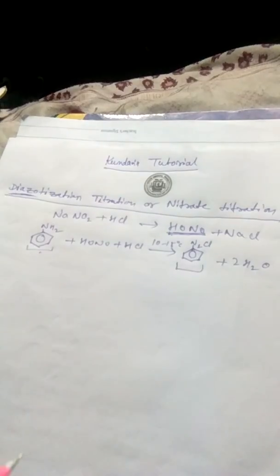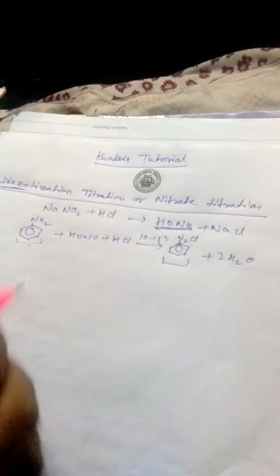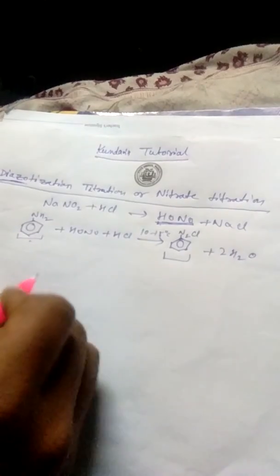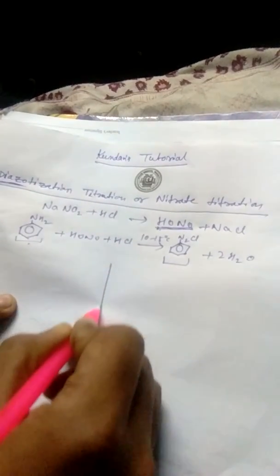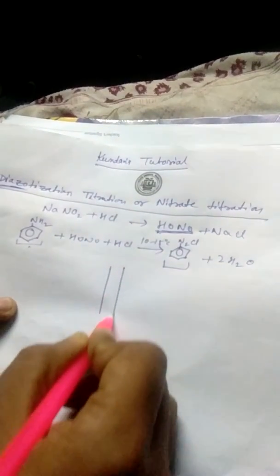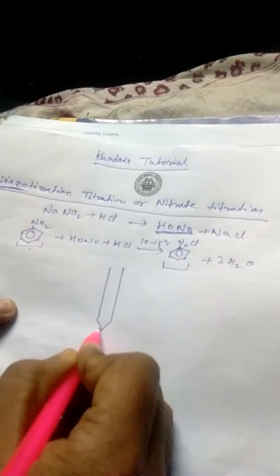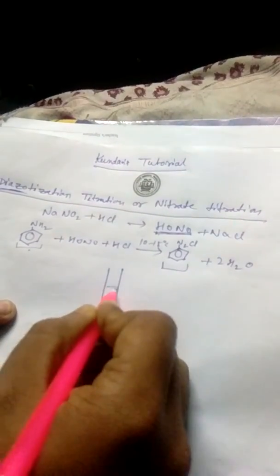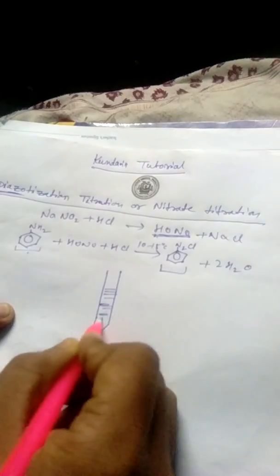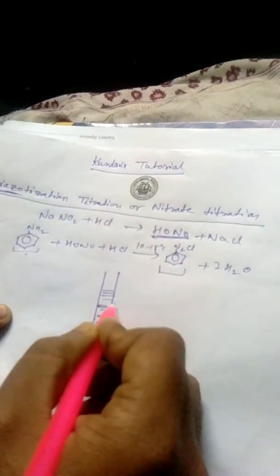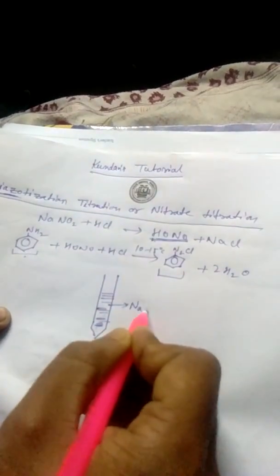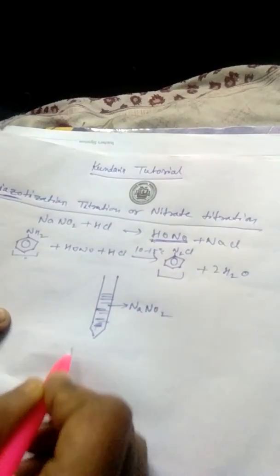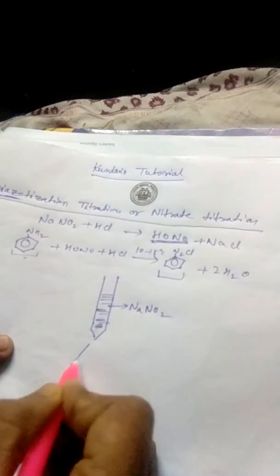So in this titration we will detect the amine group present in an aromatic compound. In this reaction we will take NaNO2 in the burette. This is the burette which contains NaNO2, and we will also take a conical flask.